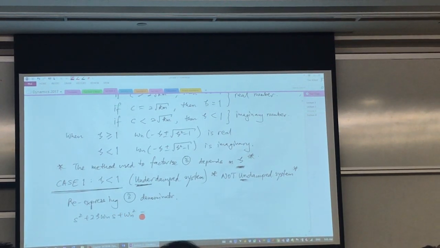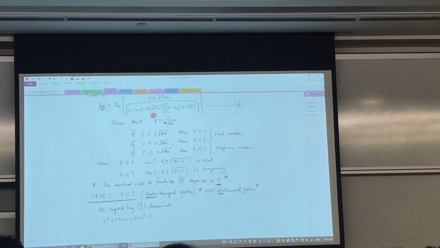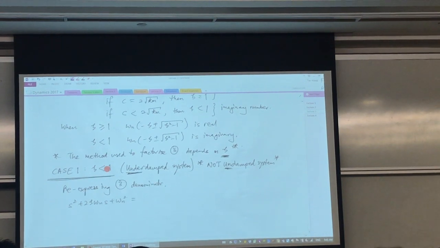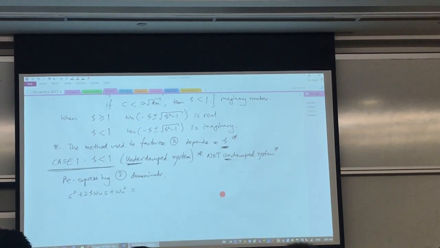If we were to re-express this, I know previously I've already done that factorization job, so later on I'll make use of that. But there's another way to factorize, and the way to factorize depends on whether zeta is greater than 1, lesser than 1, or equal to 1. So this is a case where zeta is less than 1. How do we factorize this?